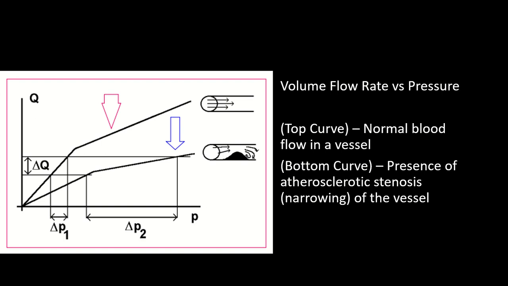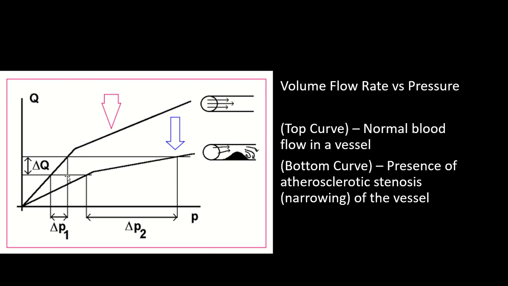What we have on our axes are pressure in response to volume flow rate. And what we see is, in order to get a higher volume flow rate, it requires a higher pressure. Now, for healthy blood vessels, in order to increase the volume flow rate a certain amount, it only requires a small change in pressure to do so.